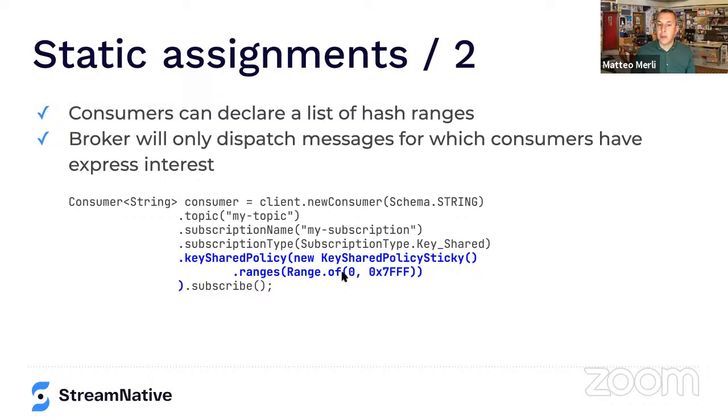A range is essentially two numbers, the first hash and the last hash, based on a 16-bit hash space. By default, that hash space can also be increased, but in this case, I'm specifying that I want to receive only the first half of the hash range, on the assumption that some other consumer will ask for the second half.